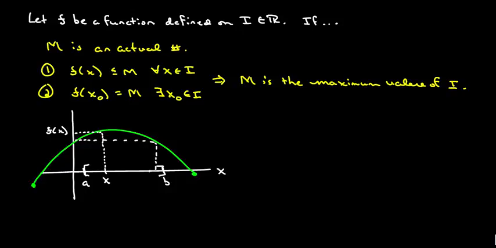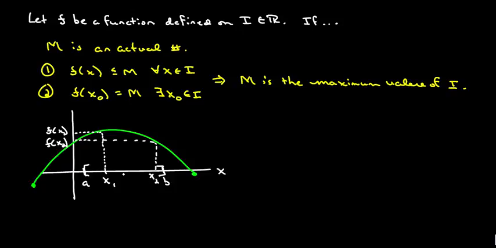Let's not use A again, and x0 is used already. I'm going to run out of variables here. Let's call it x1, so here's f of x1. And let's call this one over here x2, so here's f of x2.